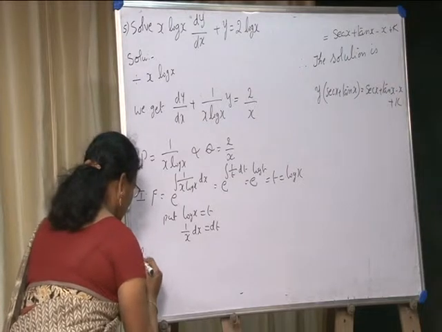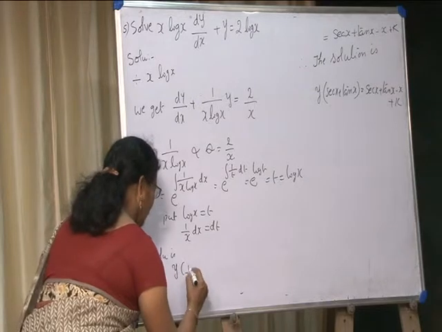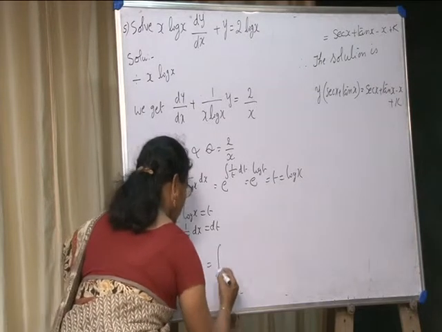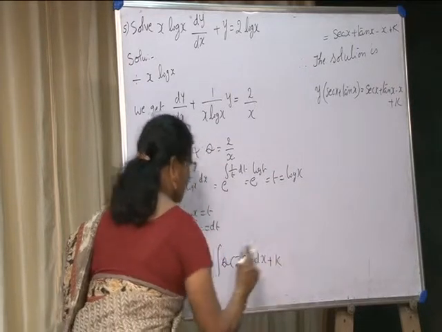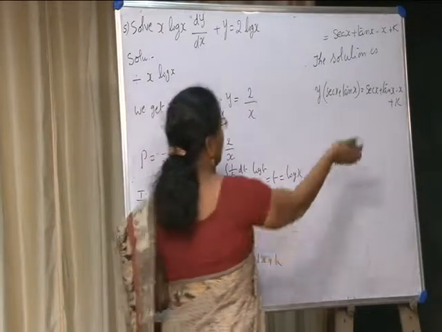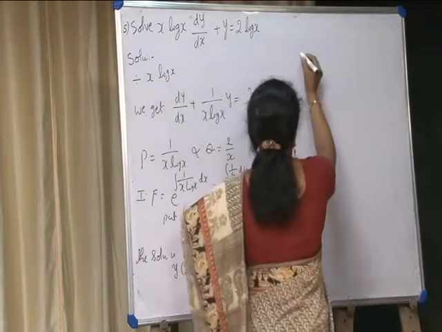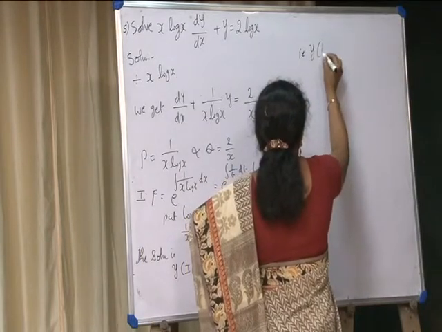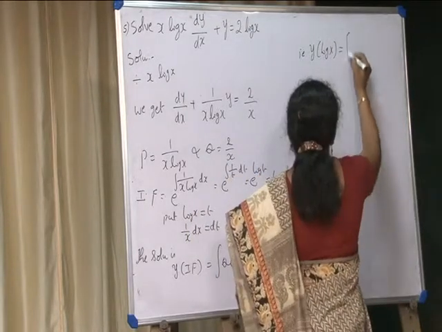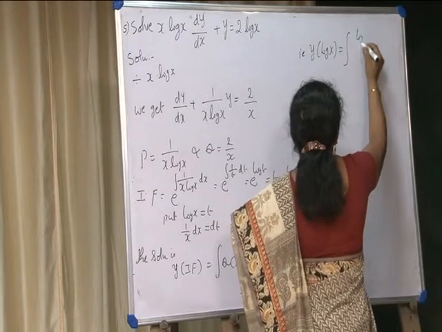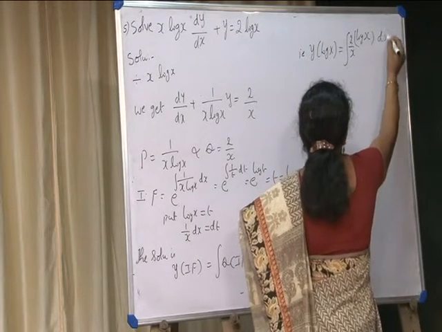Therefore, the solution is y into integral factor is equal to integral of q into integral factor dx plus k. Substitute it, we will get the answer, that is y into log x is equal to integral of 2 by x into log x dx.